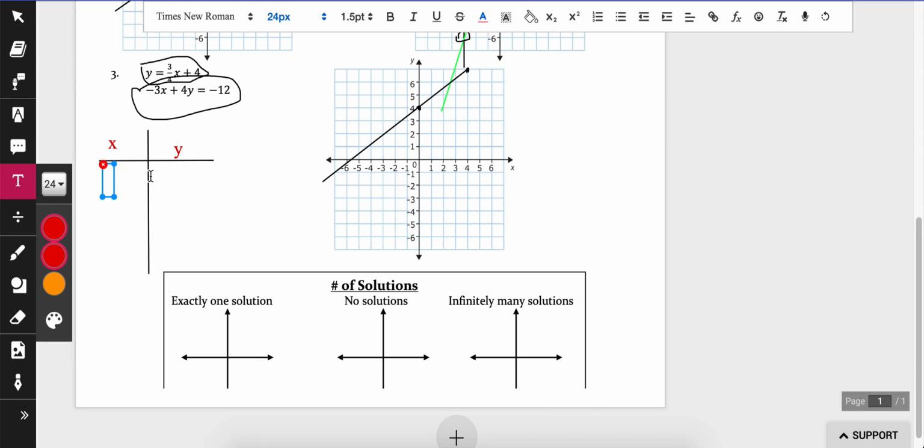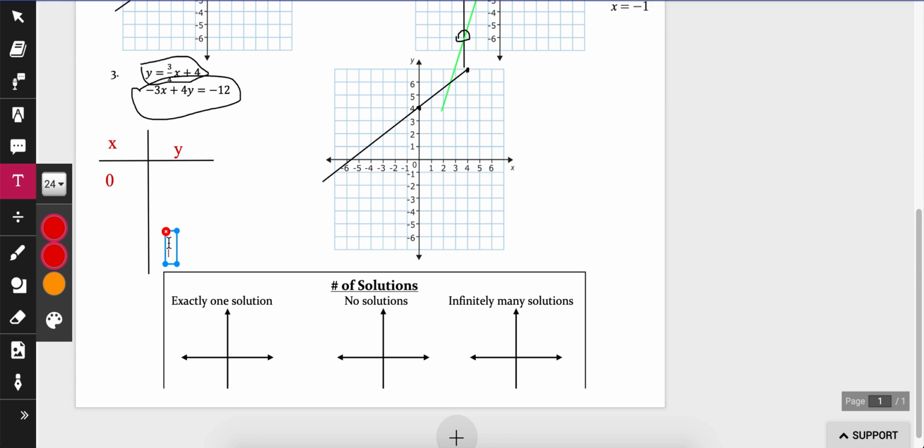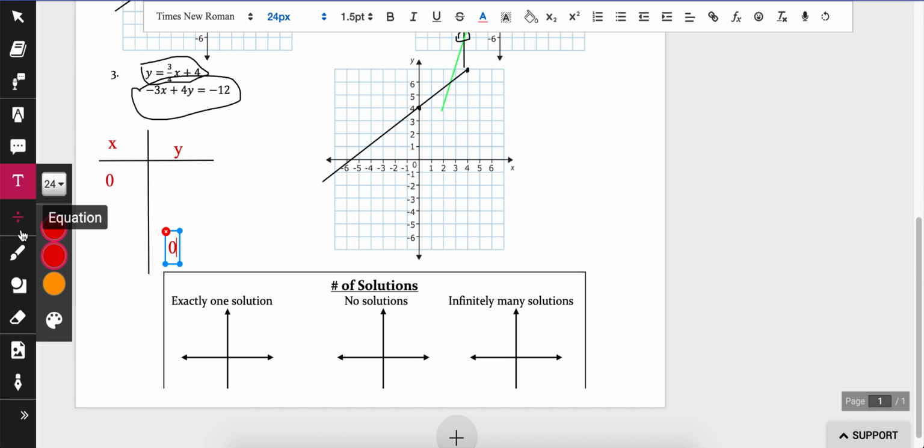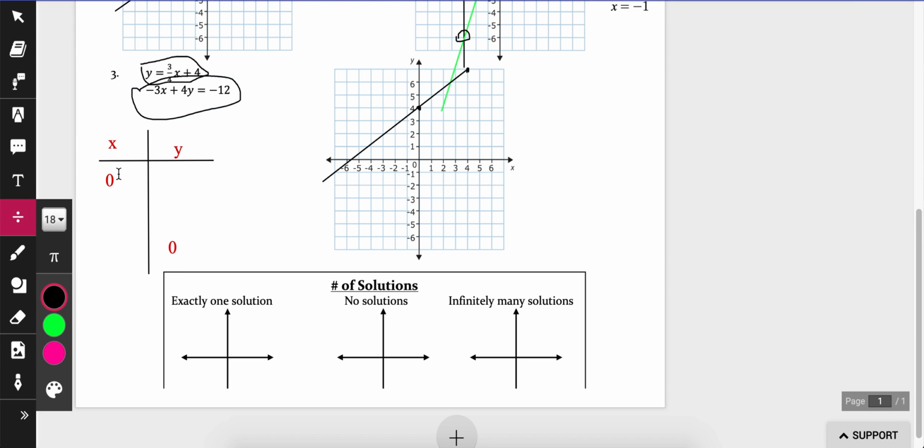I'm going to choose x equals 0 to find the y-intercept and y equals 0 to find the x-intercept. Setting x equal to 0 eliminates this term and leaves us with the equation 4y equals -12. I'm going to solve for y by dividing by 4 on both sides and get y equals -3.